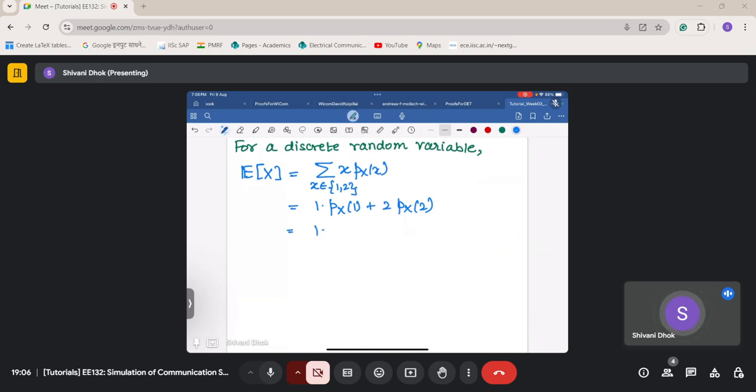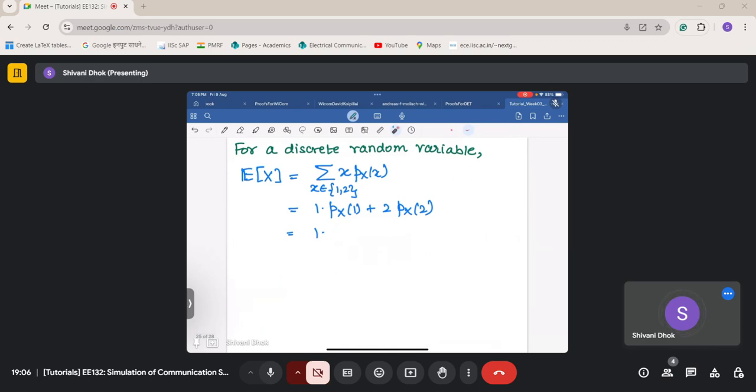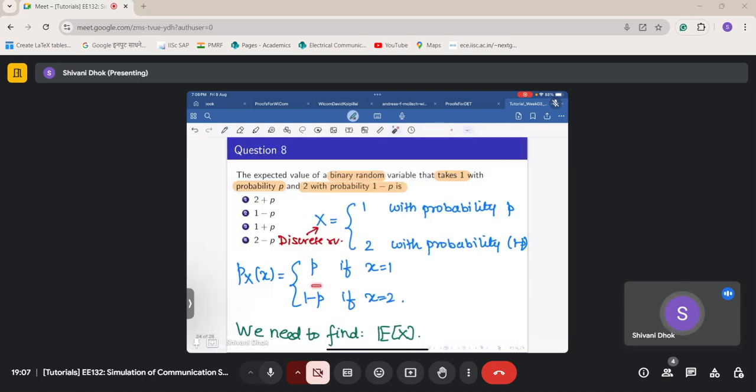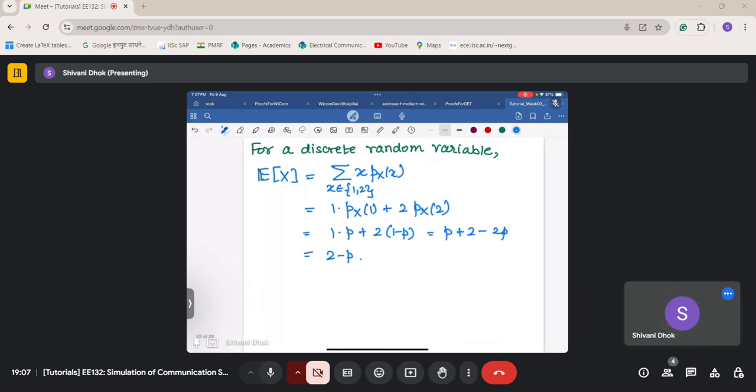This is equal to 1 into px of 1, which is given to us as p, plus 2 into, for x equal to 2, the value of PMF is 1 minus p. So 2 into 1 minus p. So this is equal to p plus 2 minus 2p, which comes out to be equal to 2 minus p. So therefore expectation of x is equal to 2 minus p.